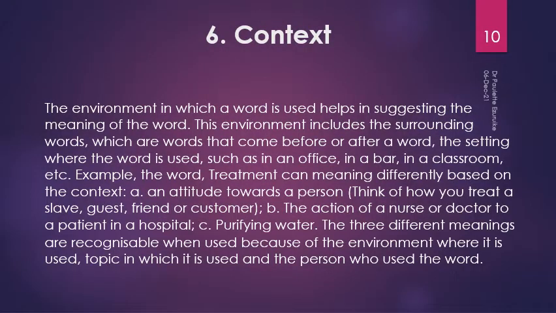The sixth way of identifying meaning is context. Context is the environment in which a word is used. We see that this environment in which a word is used helps in suggesting the meaning of the word used. The surrounding words is also the environment in which a word is used.